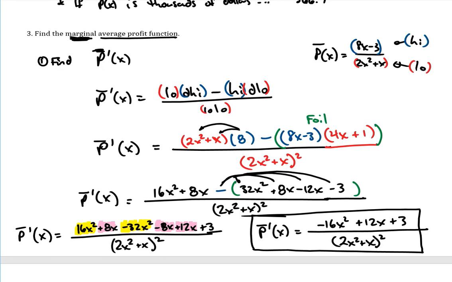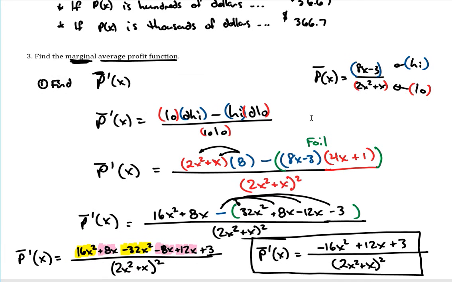Okay, there we are. And then now if they wanted us to plug anything in, we could and see whatever that number is, and then we would have our marginal average profit for whatever value. But that's all they wanted here, so we don't have to worry about plugging anything in.